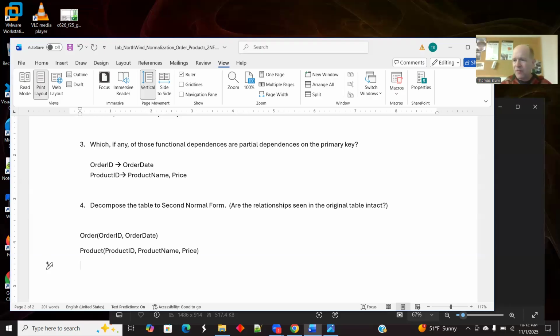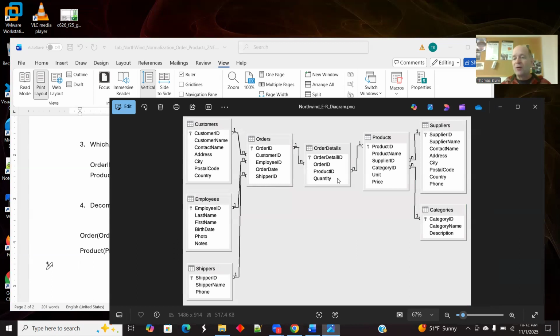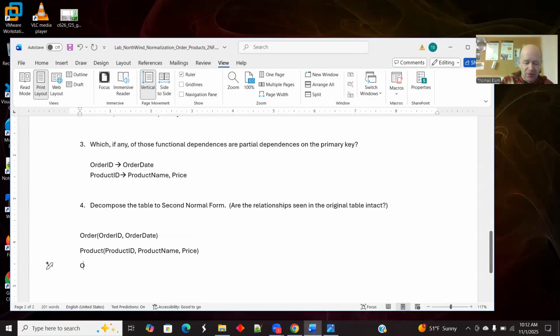And I will often name a bridge table just as the two tables I'm bridging. So I might call it order product. But I'll stick with what Northwind calls it, order details. I've also seen it called order line. But we'll call it order details.